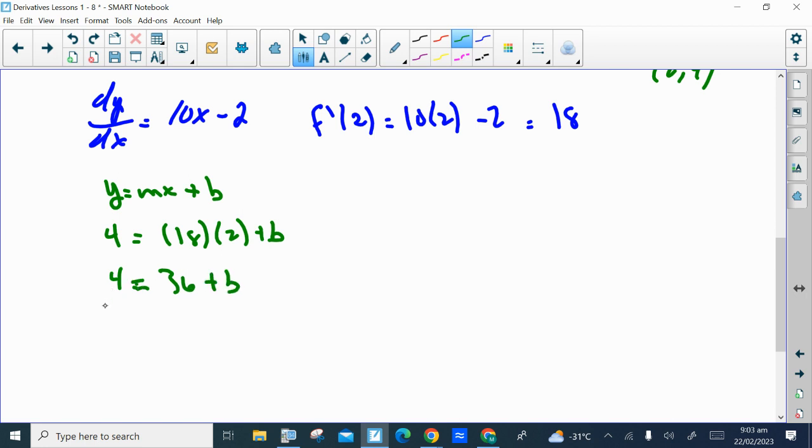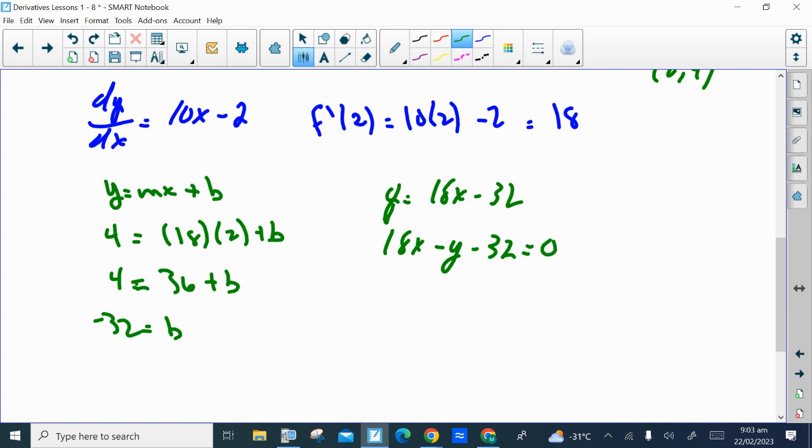When you subtract 36 from both sides, you're going to get negative 32. There's the y-intercept. So our equation would be y equals 18x minus 32. That is the equation in slope-intercept form. In general form, it would be 18x minus y minus 32 equals 0.